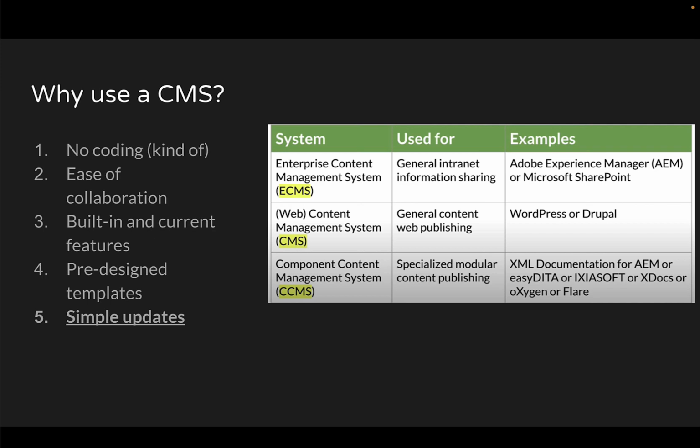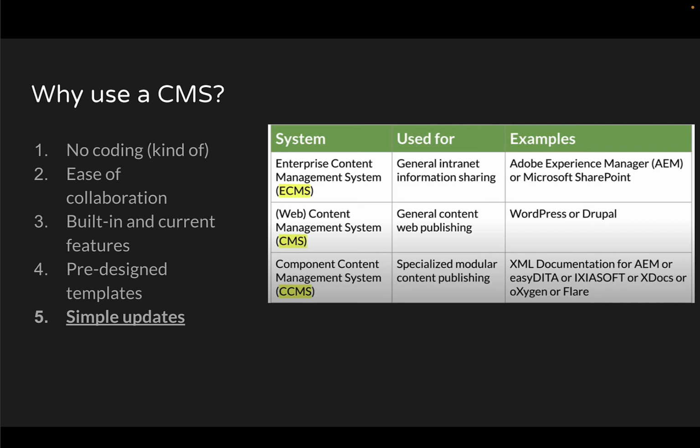And then number 5, I've underlined and bolded because it's the most important, simple updates, right? So for example, if we wanted to change the name of a page in our navigation bar, and we were coding in HTML and CSS, but not using a content management system, we would have to change that name on every file in the website. So if there's 100 pages on the website, we'd have to change that name 100 times.